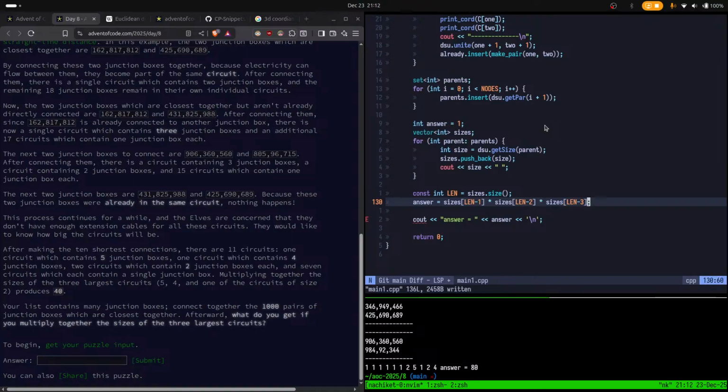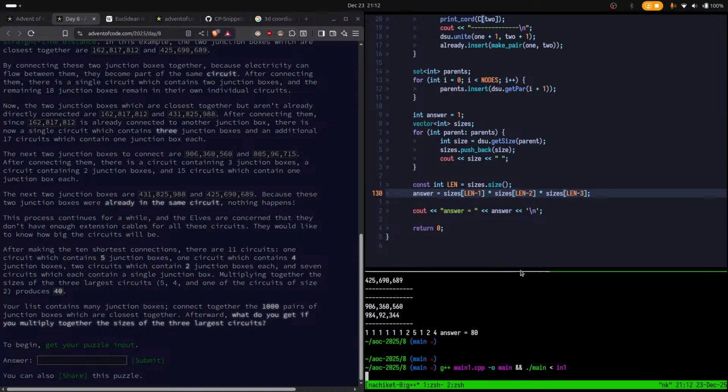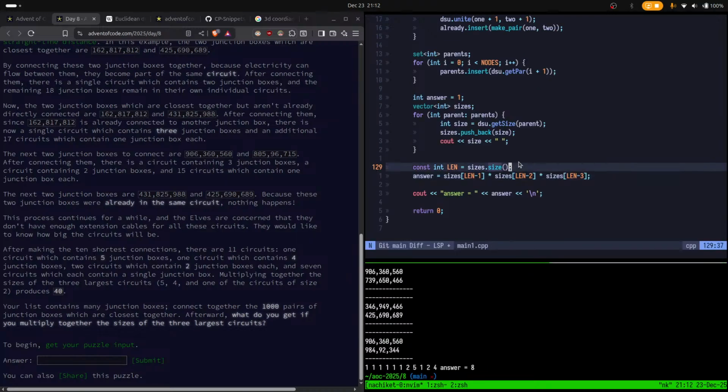And this should be the sample test case. I forgot.